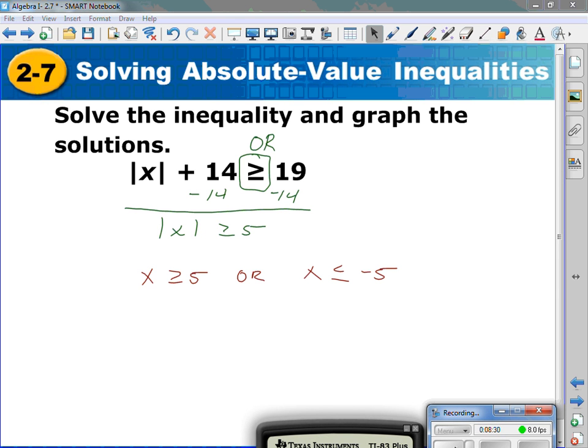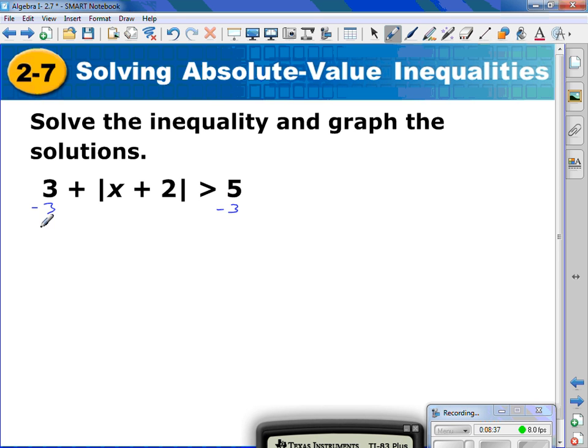What do I need to do first? Subtract 3. What do I get when I subtract 3? Greater than 2. What type of statement is this? An and or an or? This is an or statement.